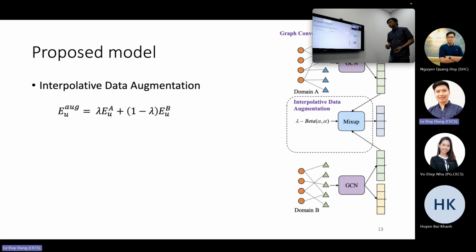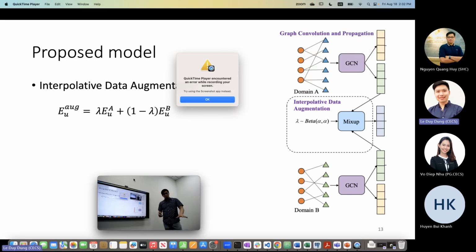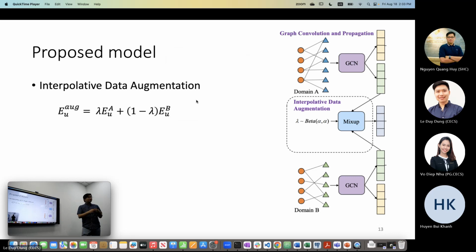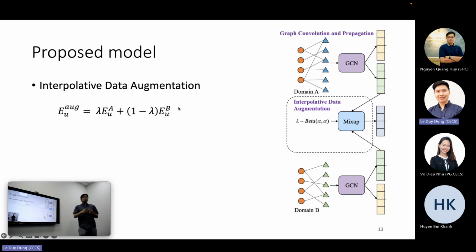So interpolative data augmentation, as mentioned before, is very simple. Because we have domain A and domain B, we have to mix them up.